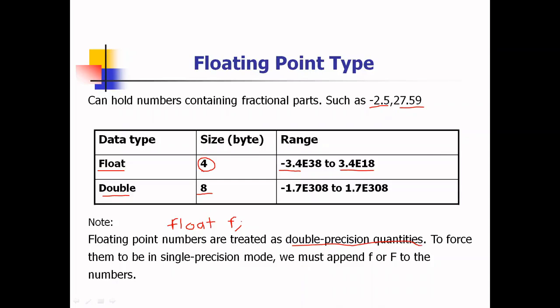You can say these numbers are treated as double numbers, and if you want to force them to be in single precision mode, we have to append f, small f or capital F to the end of a number. So if you are creating a variable of type float, and if you are storing some value into it, you have to append f, small f or capital F to the end of the number.